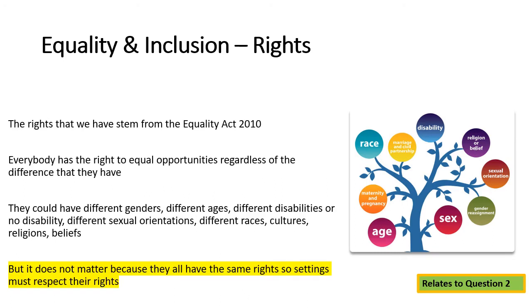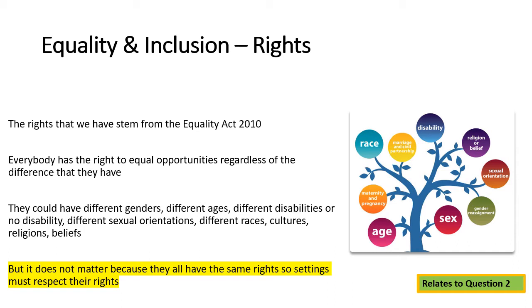And those rights that we've talked about stem from the Equality Act 2010. Hopefully you've had a look at the Equality Act 2010, like we talked about in the first part, which was related to question 1. So you'll have some more understanding about the rights and how they relate to the Equality Act. And as I said before, everyone has the right to equal opportunities regardless of the differences that they have.